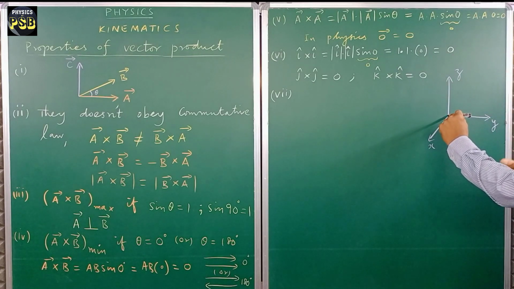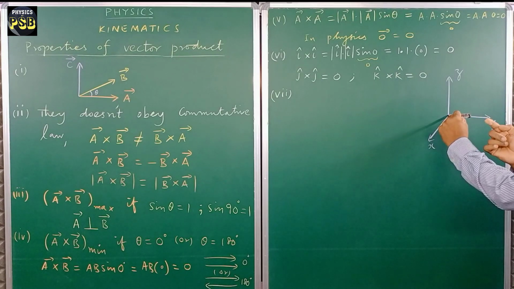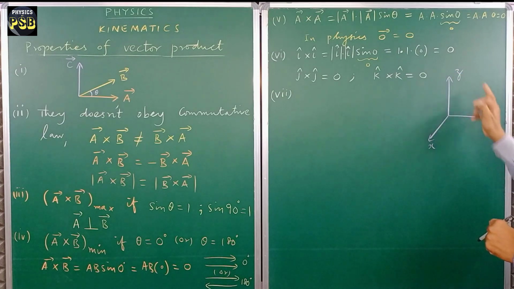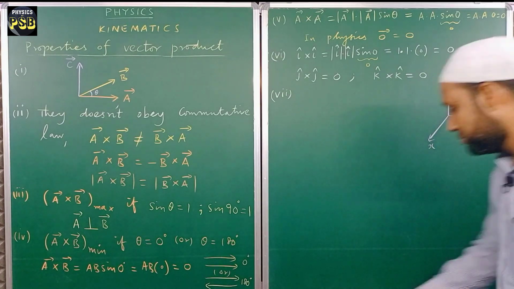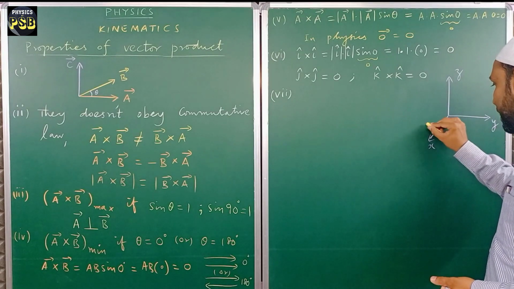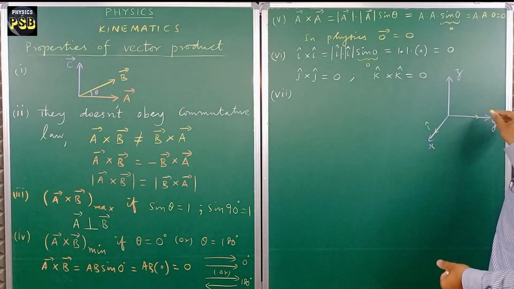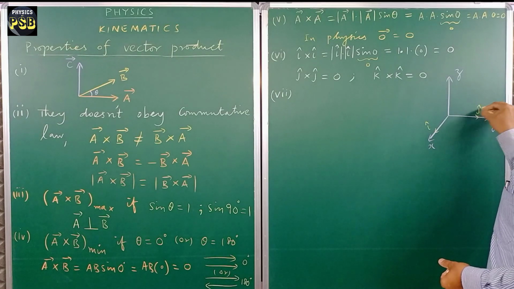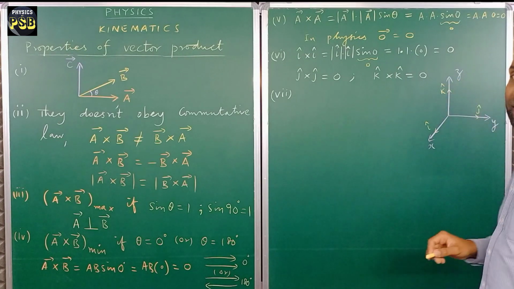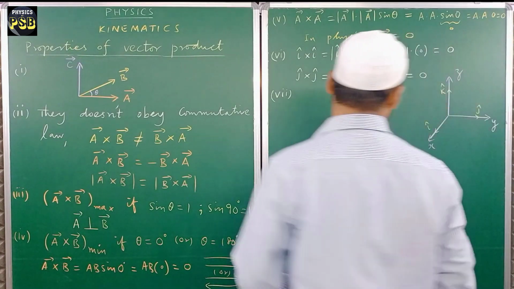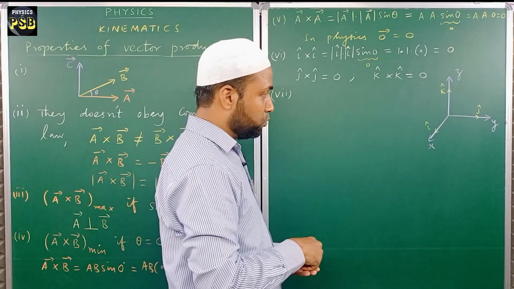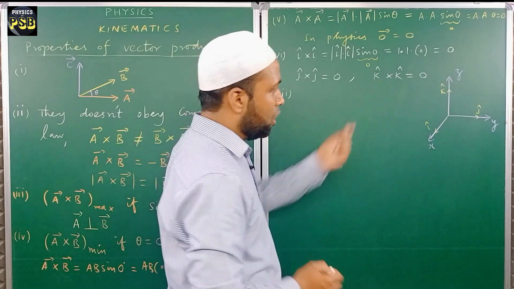It is not possible to draw a line which projects outward, so we draw a line inclined to y-axis and z-axis. Understand? So in this way, the unit vector which acts along x-axis is i cap, the unit vector which acts along y-axis is j cap, and the unit vector which acts along z-axis is nothing but k cap.